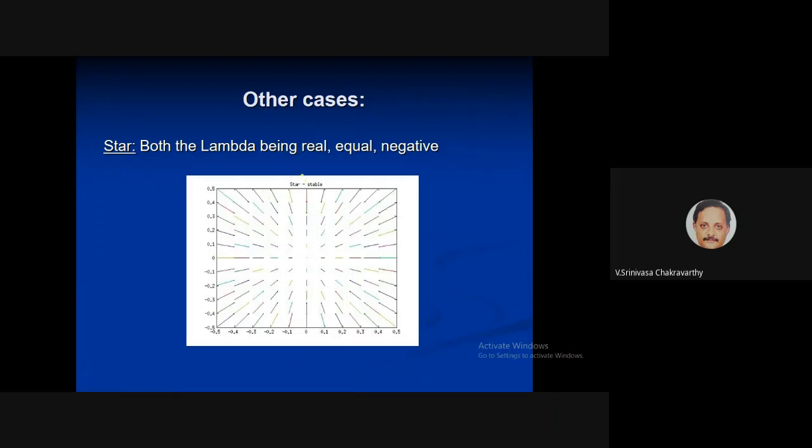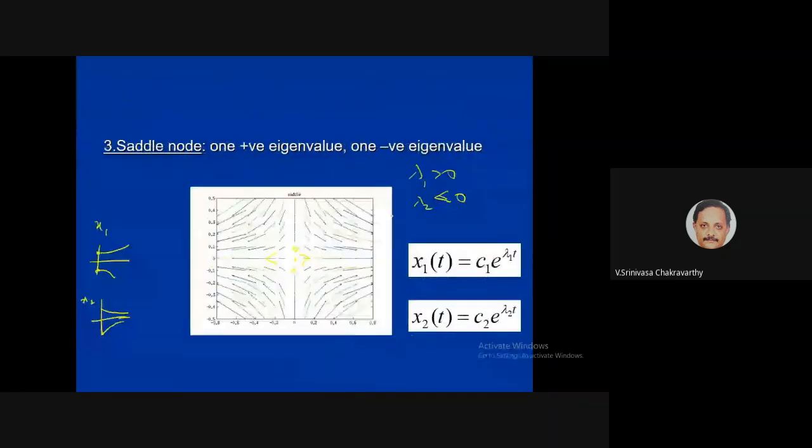Now let us keep on studying more examples. Now both lambdas are real, and they are equal. Lambda 1 is equal to lambda 2, and both happen to be negative. So then what happens? We go back to this formula.